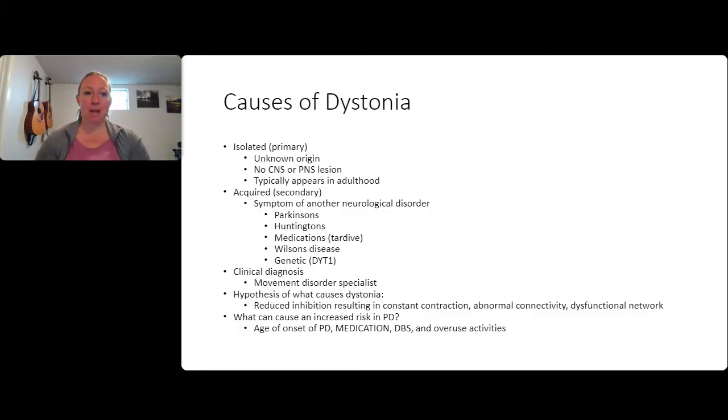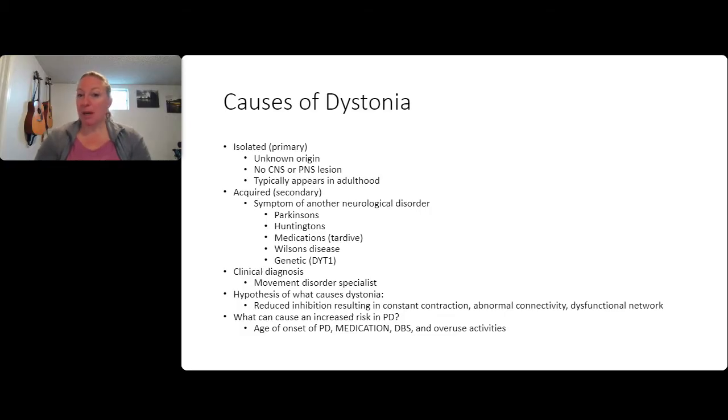And then just a quick hypothesis of what's causing dystonia. The thought is it's a reduced inhibition that results in basically a constant contraction. So if the cells in the brain and nervous system that are supposed to be inhibiting the muscles from contracting aren't working as well, then we get overexcitability.